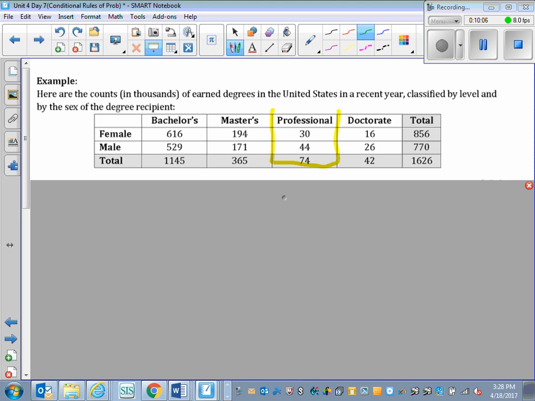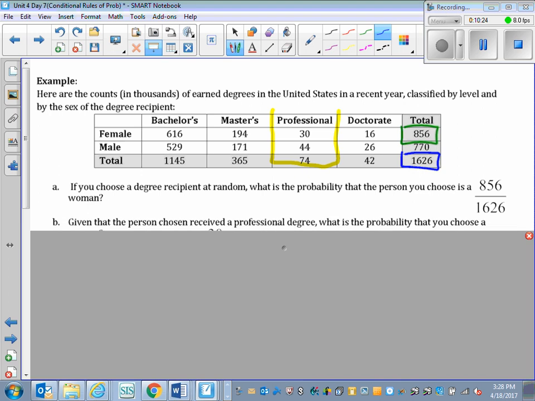So if we choose a degree, what is the probability that person is a woman? So there are 856 total women, with the total altogether of 1,626. So the probability that the person is a woman is 856 over 1626.